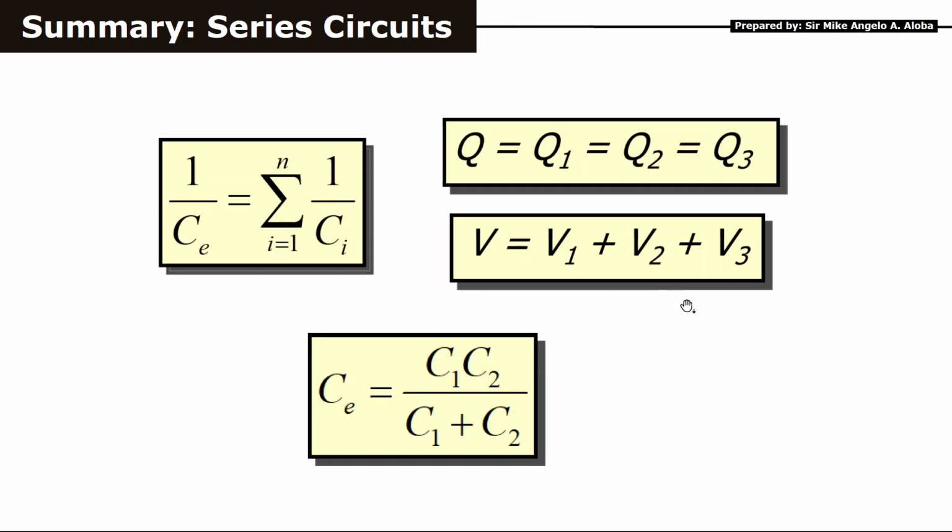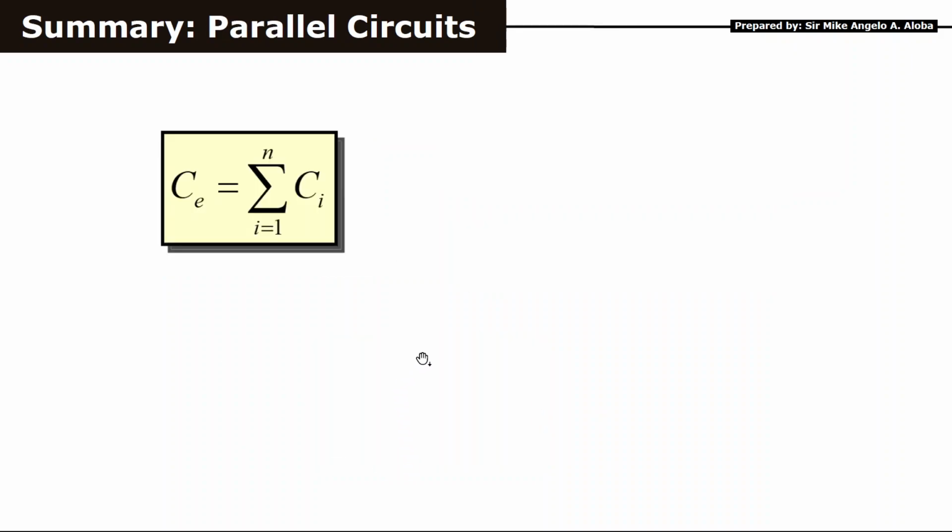Okay? So this is a shortcut to get the capacitance for a series circuit na dalawa lang yung capacitor. Provided that they are two and connected in a series connection, you can use this formula. Shortcut yan. For a parallel circuit, hindi na magiging fraction, hindi na 1 over CE. Sa parallel, as is siya, CE is equal to C1 plus C2 plus C3.